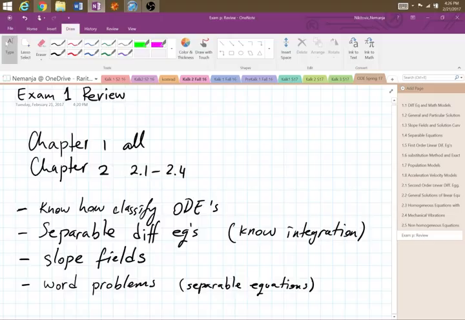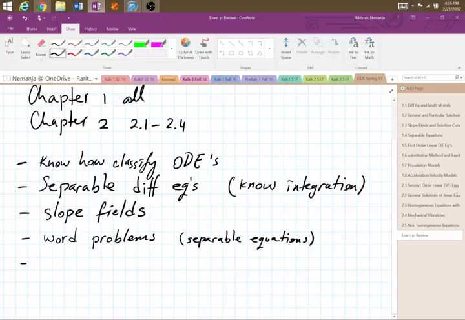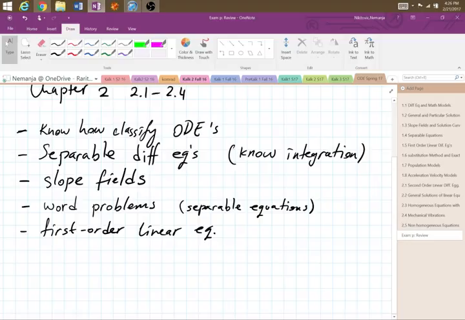All right, so now we're getting into first order linear equations. So this is where you are. Which method? What is it called? Exactly. Very good. Integrating factor.